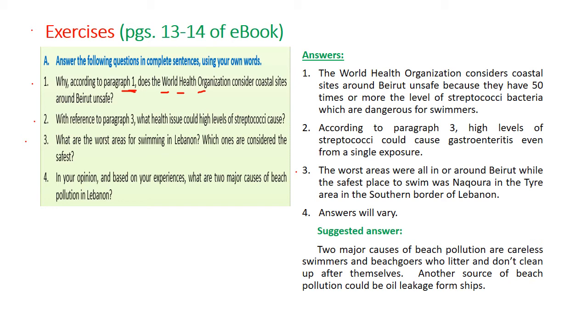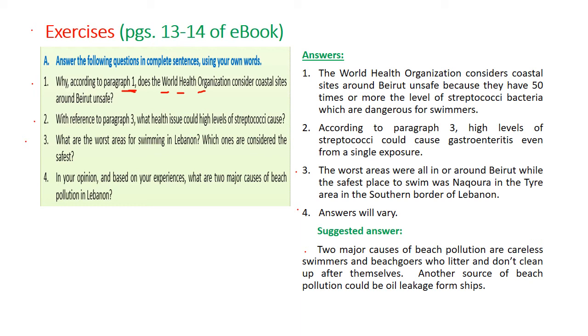Now, number 4, in your opinion, this is an opinion question. It's an open question, but of course, from the information you read in the article and from your experiences. In your opinion and based on your experiences, what are 2 major causes of beach pollution in Lebanon? What do you think? If you couldn't tell, the article would help you.